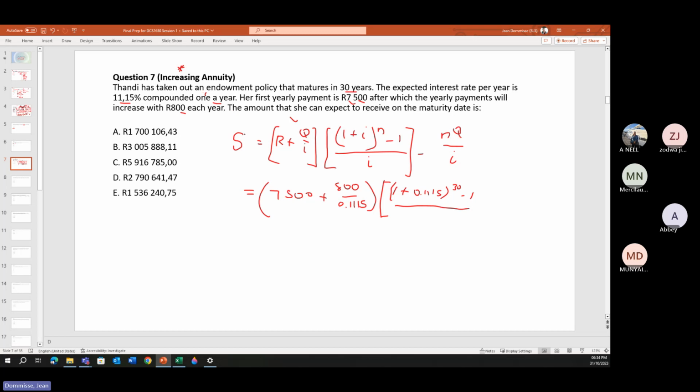It's only once a year. It increases only once, so we can work with a 50. We don't need to worry about other calculations where we need to divide by how many periods and those kinds of things. And then the component that we subtract, so it is for 50 years, it is for 800 Rand.